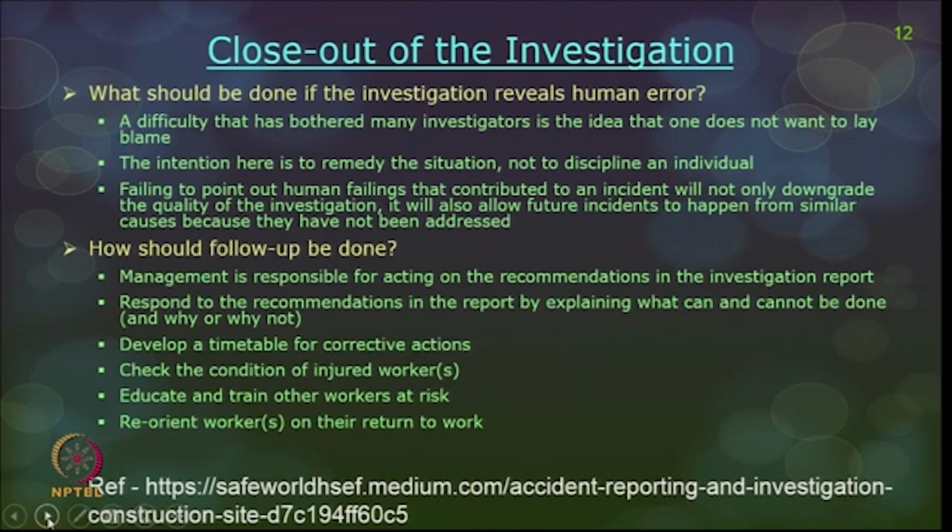So, now the biggest question for the investigator is, what happens if it just points to one worker or a group of workers in terms of human error. As we have seen from the beginning, every accident is a result of some unwanted happenings, but for example, even a faulty equipment is not going to give a hazard, it poses a hazard, but it can lead to an accident only when a worker is going near and doing something.